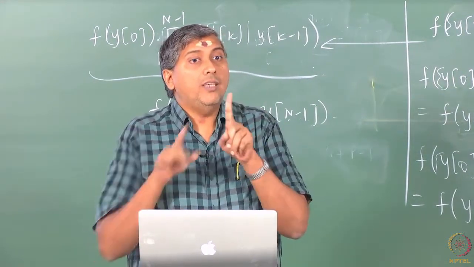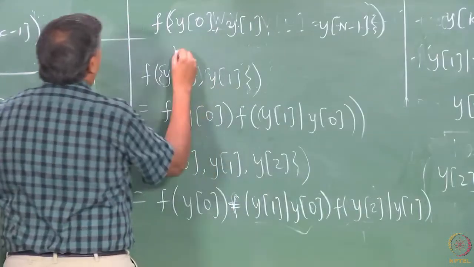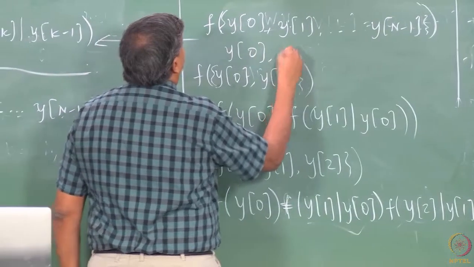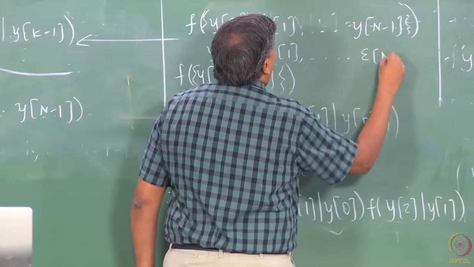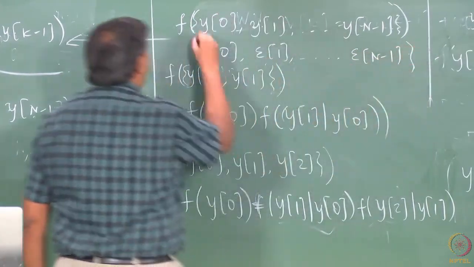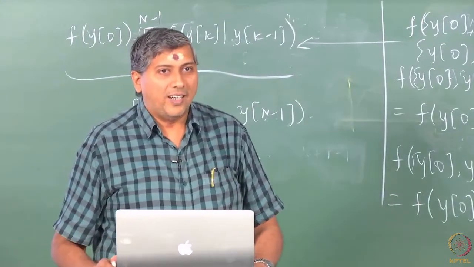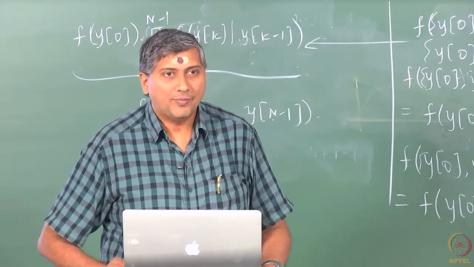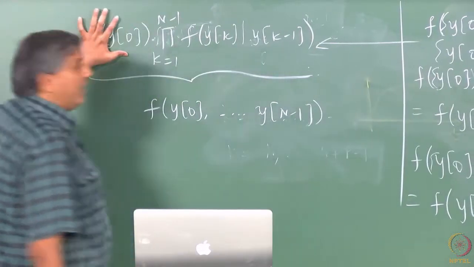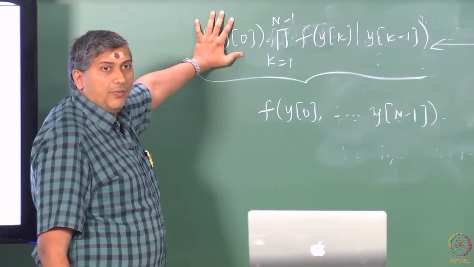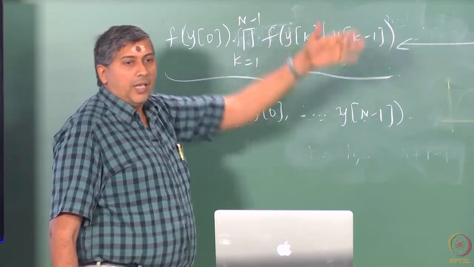So instead of working with series y0, y1, up to yn minus 1, you are working with y0, epsilon 1, the prediction error at 1, up to n minus 1. Implicitly you are rewriting the series in terms of prediction errors plus y0. So now what do I need? I need 2 things: the unconditional PDF of y0 and the conditional PDF of yk. That is what we are doing here.